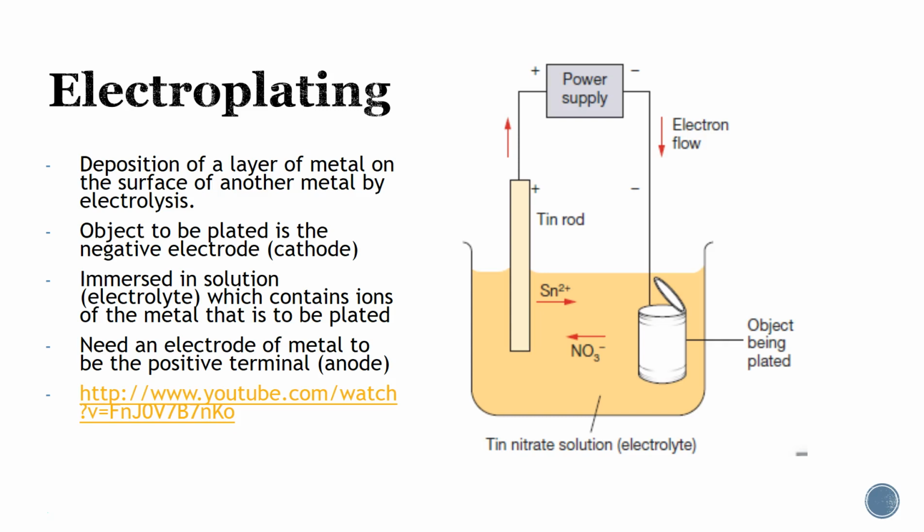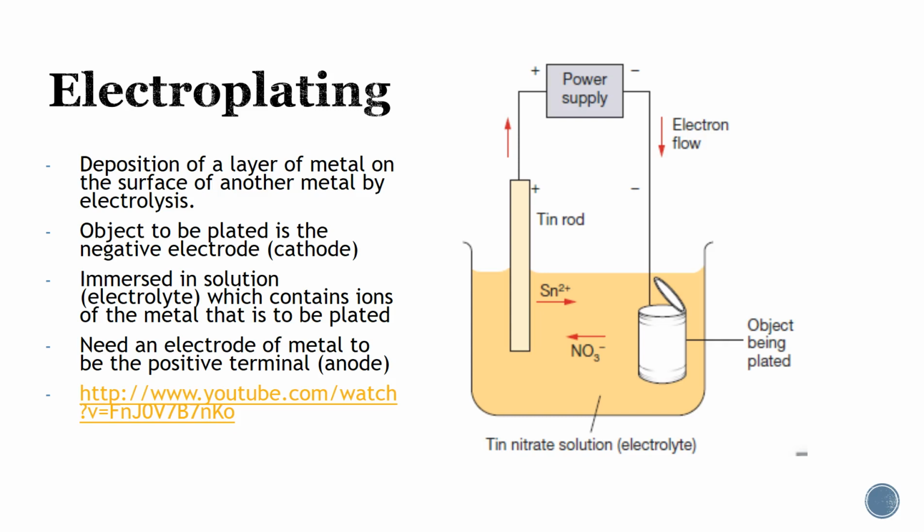If you remember, when reduction occurs at the cathode in a voltaic cell, we get a buildup of the metal that is being deposited onto the cathode, so it gets larger over time. Essentially, we're using that idea to put a coating of a metal onto another metal object, but this time it's a non-spontaneous reaction.